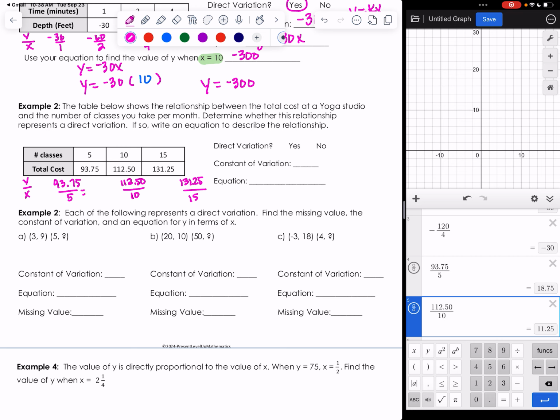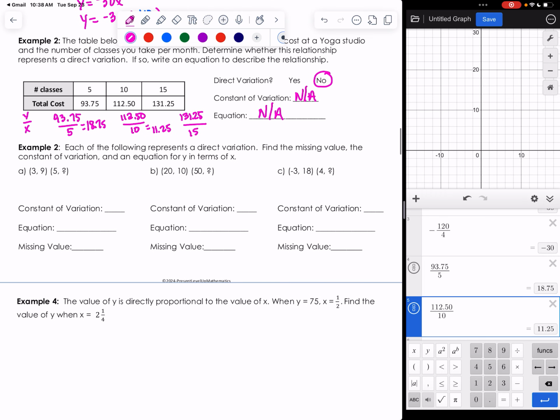In other words, this one was 18.75 and this one was 11.25. Once you get two that are not the same, you can stop and say, no, there is no constant of variation, so not applicable, and we're not going to have to write the equation because we're only writing the equation if it's a direct variation.